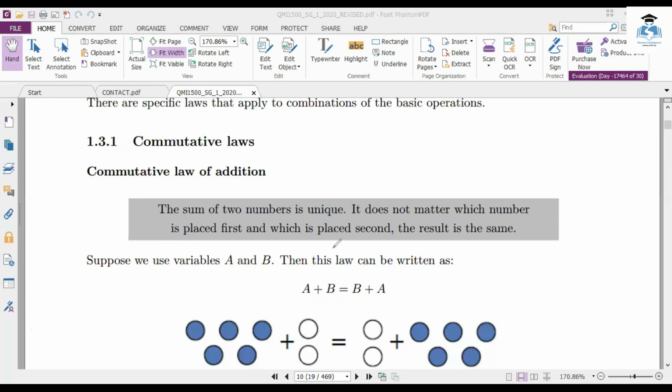What it means is that if you add A plus B, it must also be equal to B plus A. So 1 plus 2 is the same as 2 plus 1. So that's what they say unique. It always gives you the same answer.